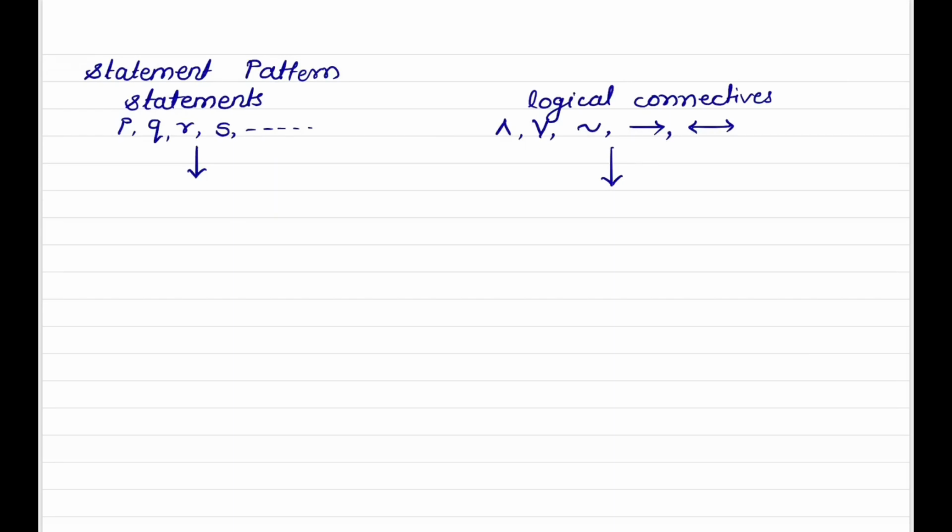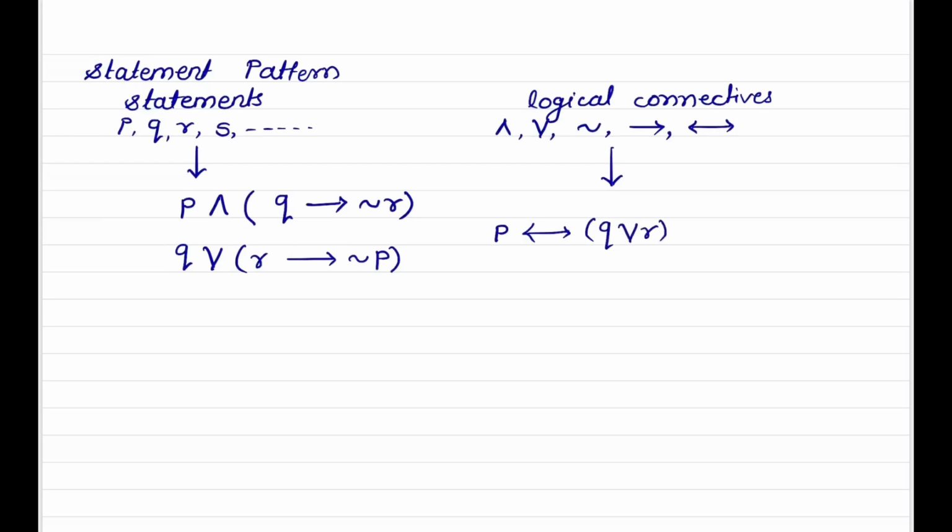See, first of all we will take P and Q implies negation of R. This is known as a statement pattern. In this way we can form any statement pattern: Q or R implies negation of P, negation of P implies Q or R. One more, P implies Q or Q and R. All these are statement patterns.